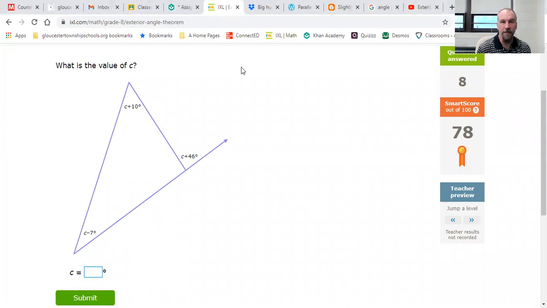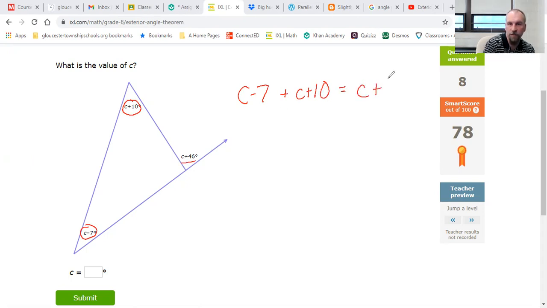The two interiors have to add to equal the exterior. So c minus 7 and c plus 10 have to add together to equal the exterior total of c plus 46. All right, let's do some combining over here on the left.